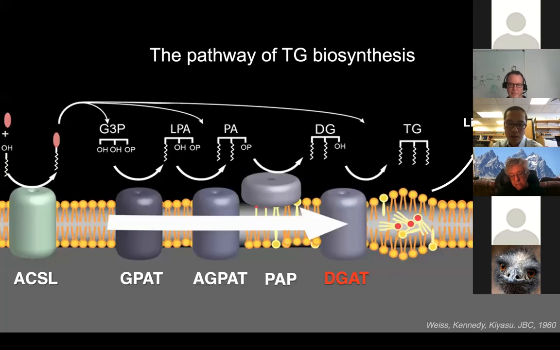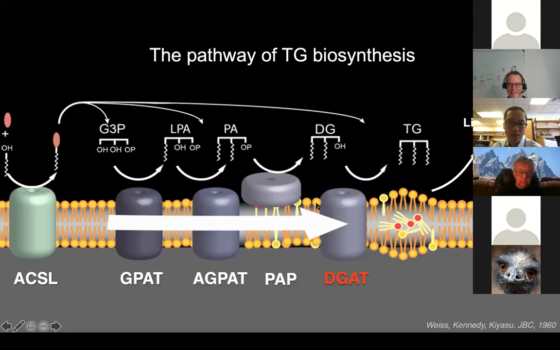So the biosynthesis of TG has actually been elucidated many years ago by Kennedy and colleagues. So now it's known as the Kennedy pathway. The initial substrates, acyl-CoA and glycerol 3-phosphate, by adding acyl chains from fatty acyl-CoA in a sequential manner by enzymes, mostly at the ER or endoplasmic reticulum, finally generate DAG.